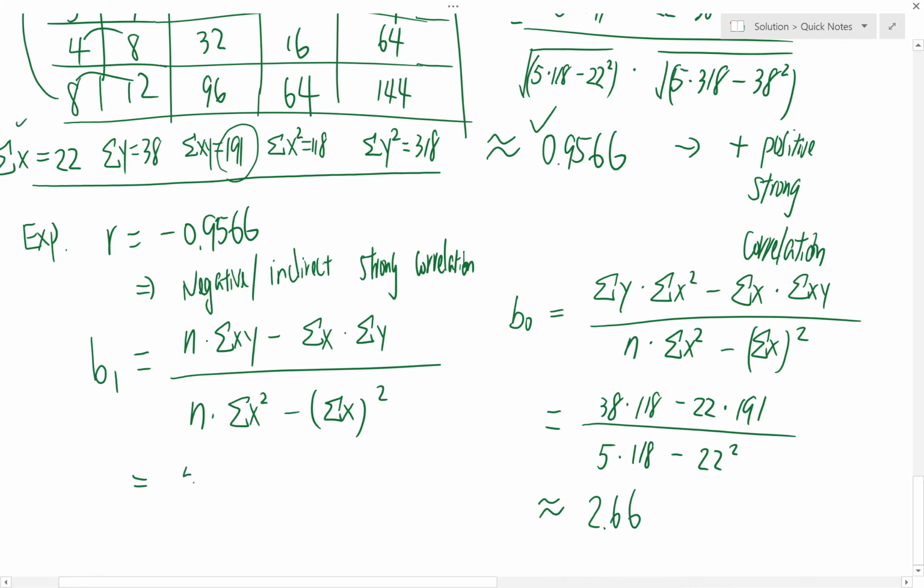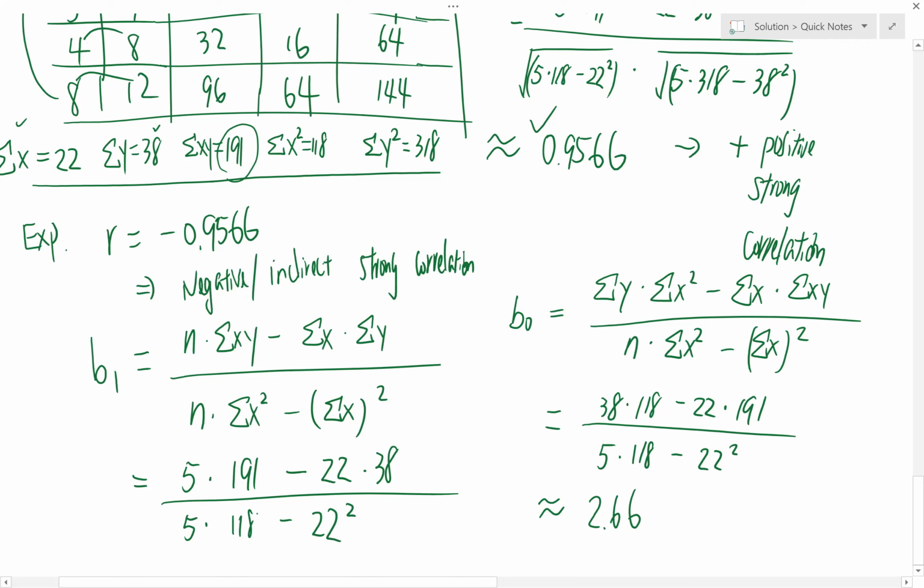Sample size is 5 times total of xy, that's 191, minus total x, 22, times total of y, 38. That's the numerator. For the denominator, we have 5 ordered pairs times total of x squared, 118, minus total of x, 22, squared as well.